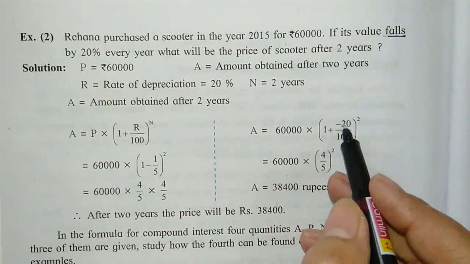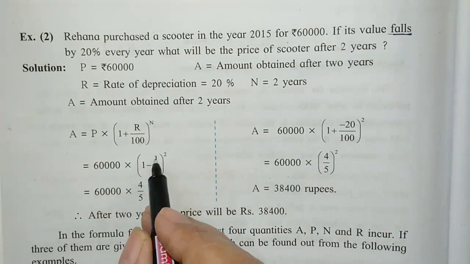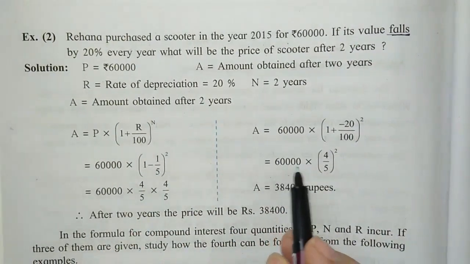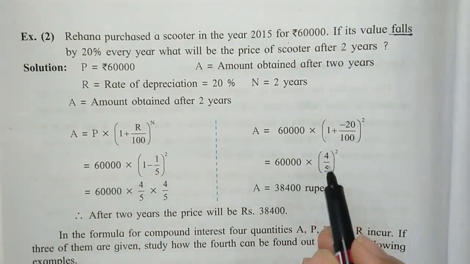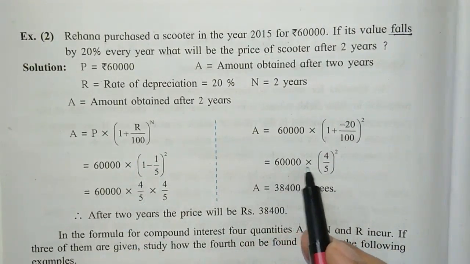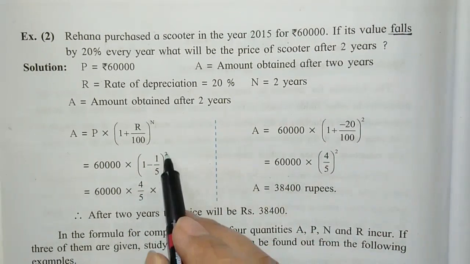Take the simplest form of 20 upon 100. It is minus 1 upon 5. So after solving this, 5 ones are 5, 5 minus 1 is 4, 4 upon 5. So it becomes 60,000 multiplied by 4 upon 5 raised to 2 as it is.